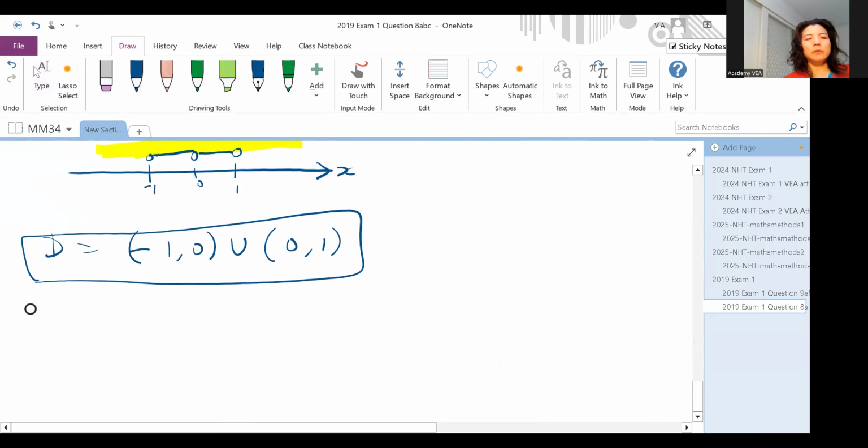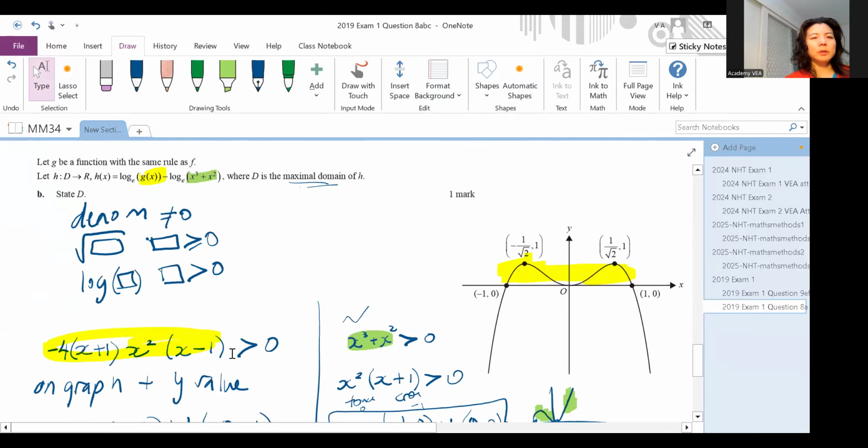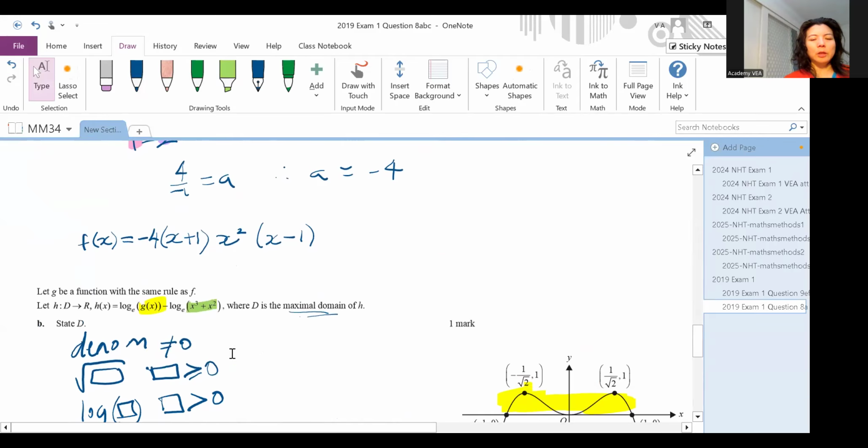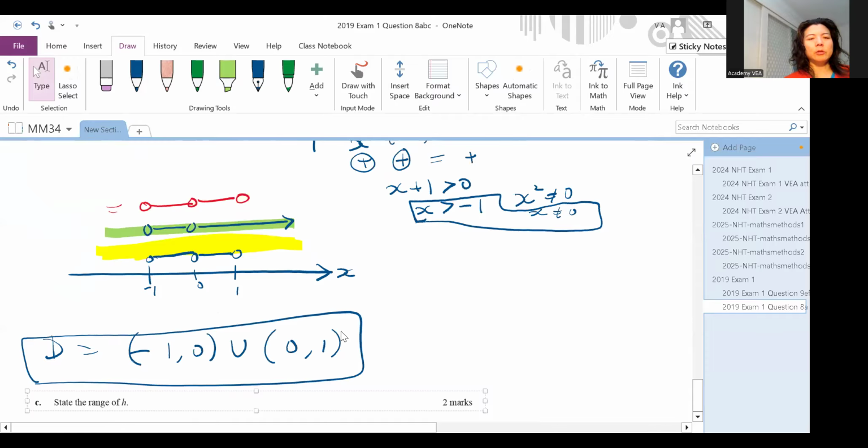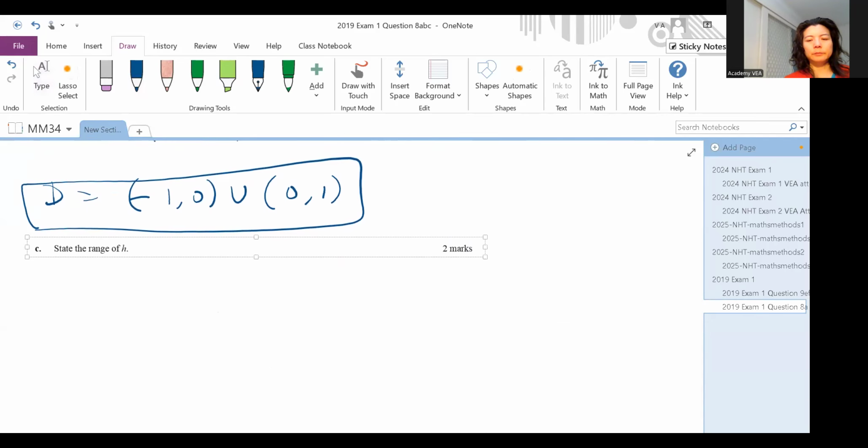The easiest way of doing this is to actually use logarithm laws. So you have H is defined as these two logs together. Let's pop that here.